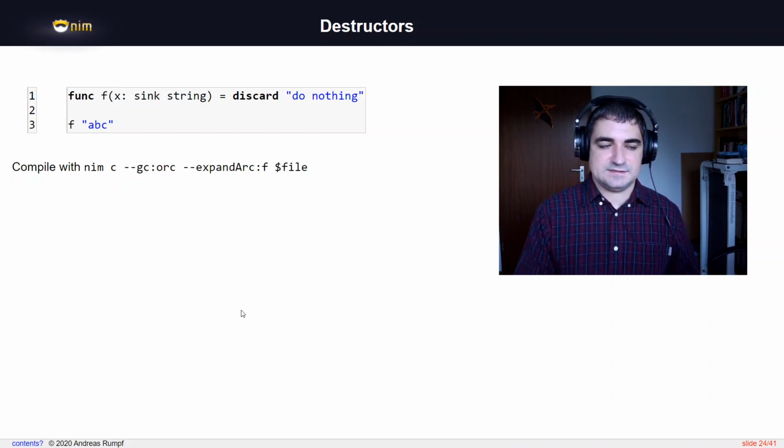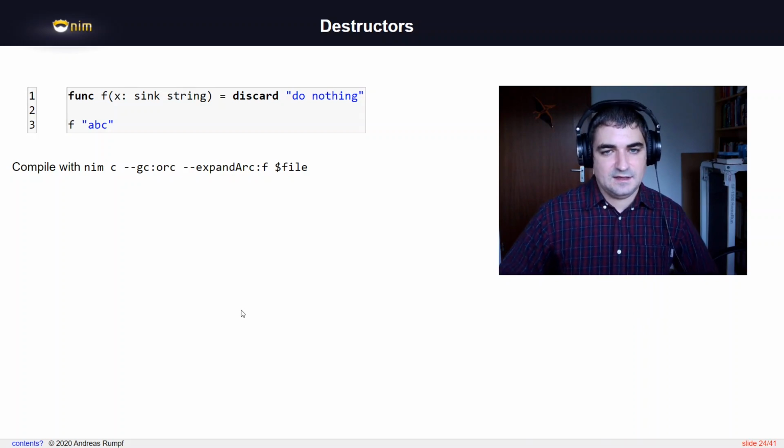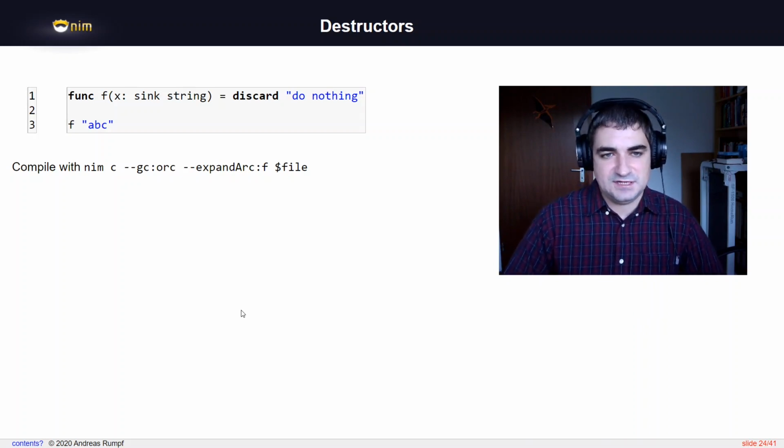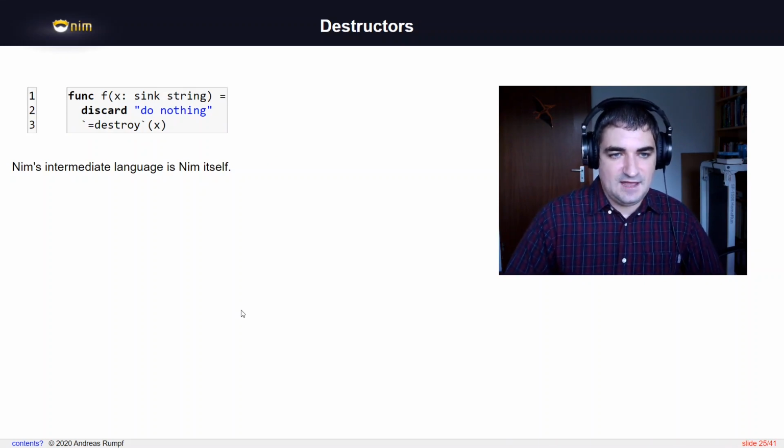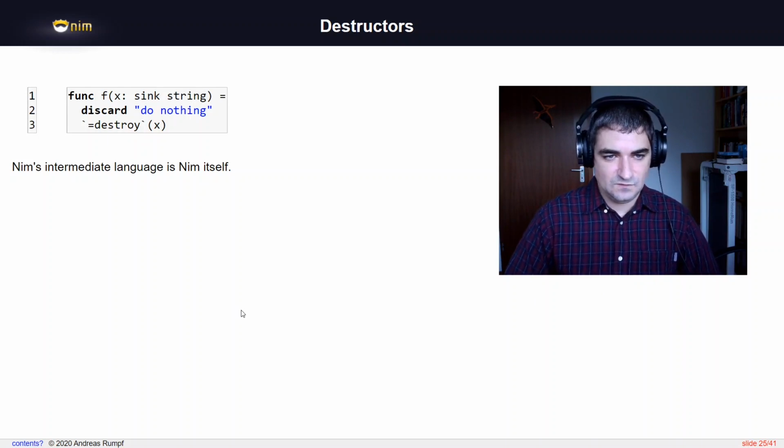And so we can ask the system to expand this. There is an intermediate representation of the program, and you can ask the compiler to show it to you. So here is what it would show. f was actually transformed into this thing here. So it does destroy the x because it knows it must destroy it, because otherwise there would be a leak.